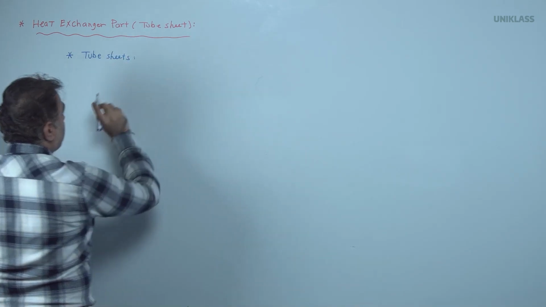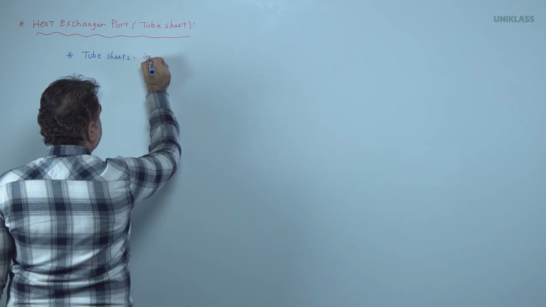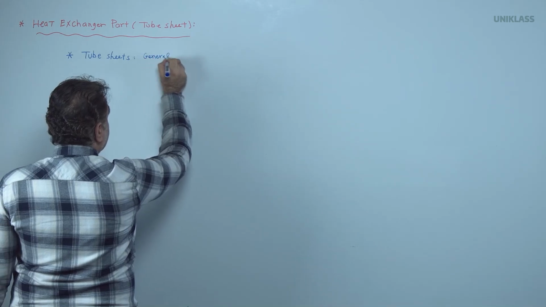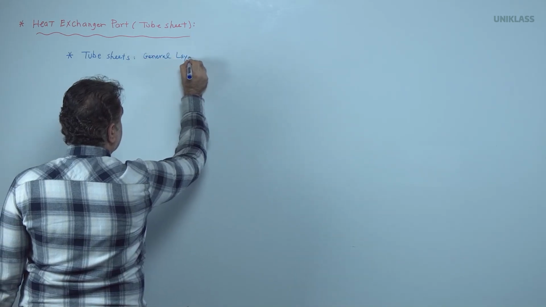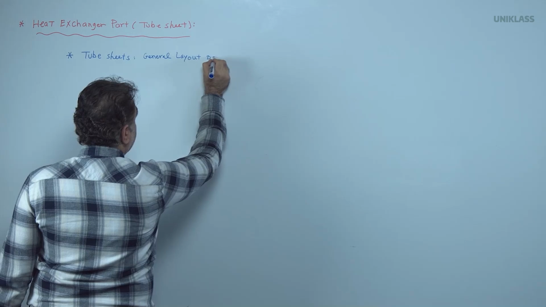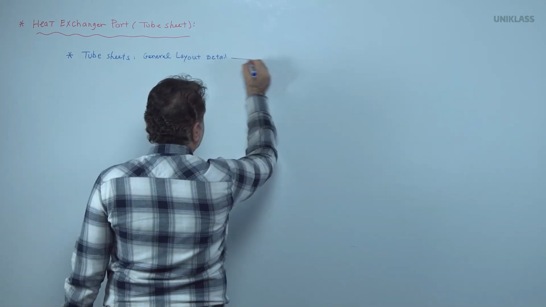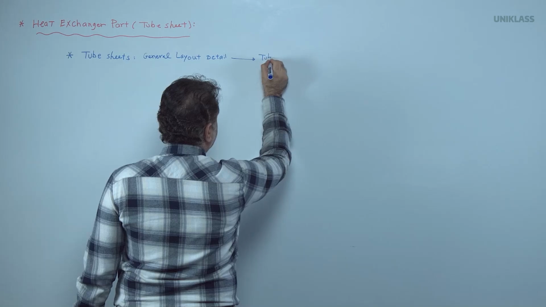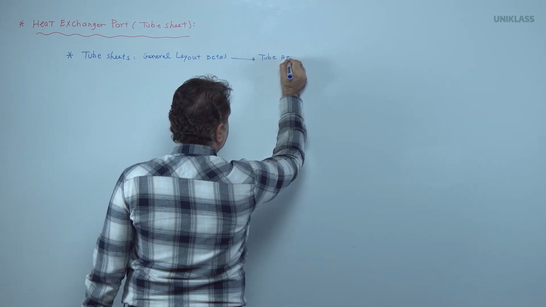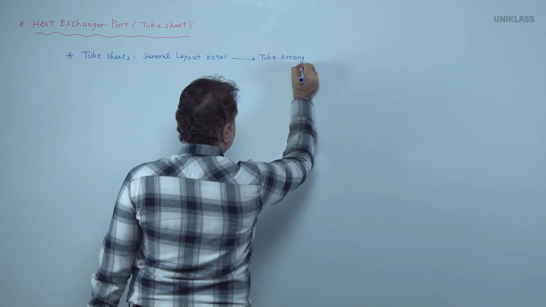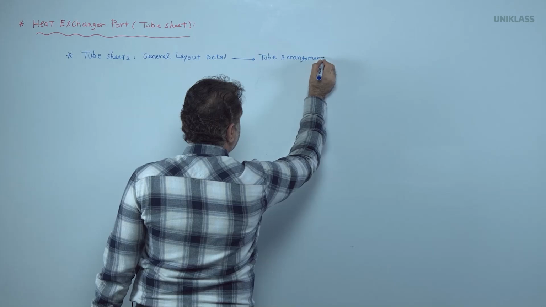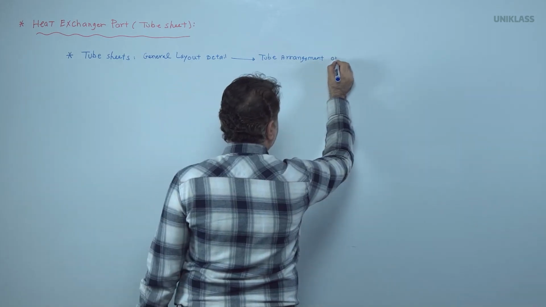The detailed drawing of a heat exchanger is the general layout detail. This detailed drawing tells us what the tube arrangement on the tube sheets is.